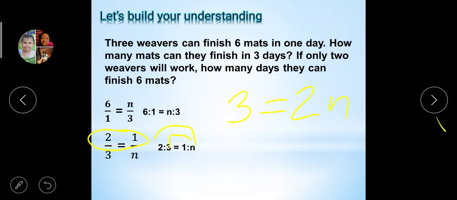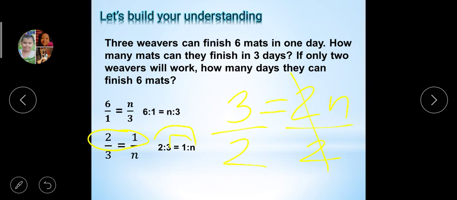Okay, so to eliminate 2, we need to divide both sides by 2. Okay, yung kanina, dinivide natin siya by 1 since 1 yung kasama nitong n natin. So for this one naman, since 2 yung kasama ni n, sa 2 natin siya i-divide.